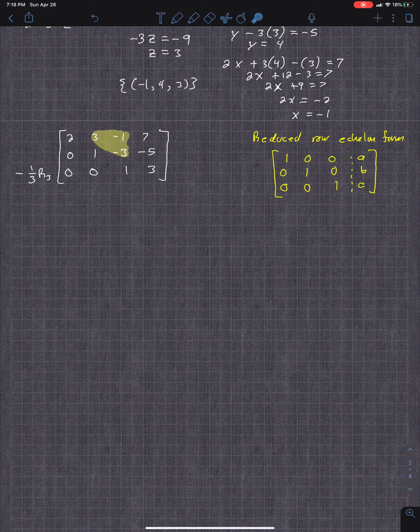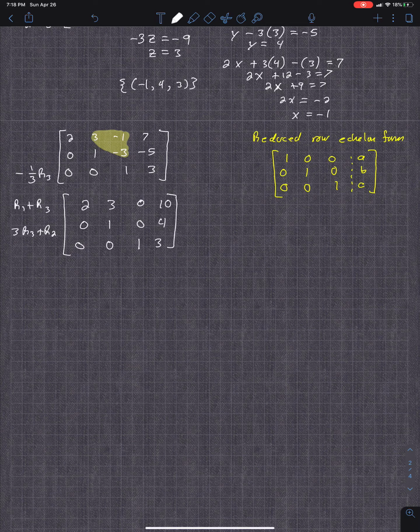We're not going to change row 3 at this point, so that remains the same. You can write this as 0, 0, 1, 3, and just say row 1 plus row 3. Doing so, you'll get 2, 3, 0, 10. And then similarly, row 3 plus row 2, you get 0, 1, 0, 4.